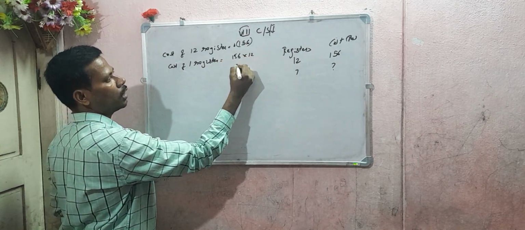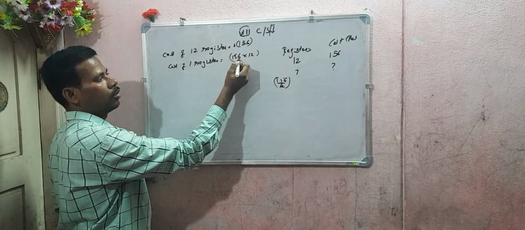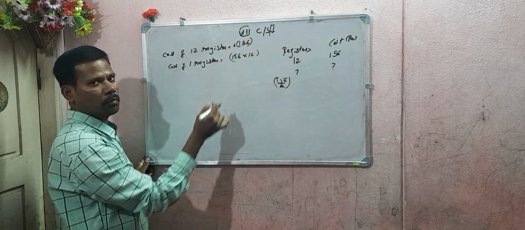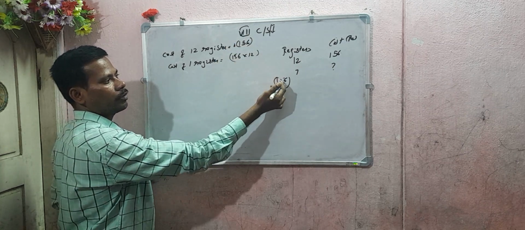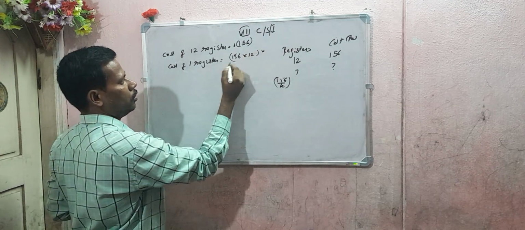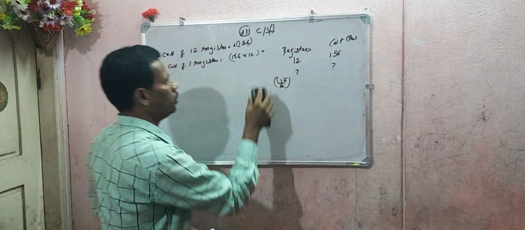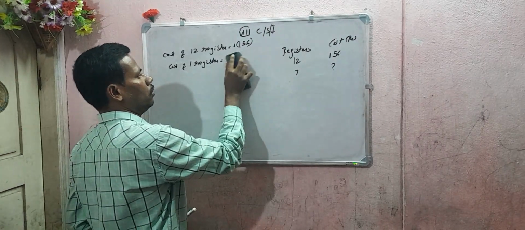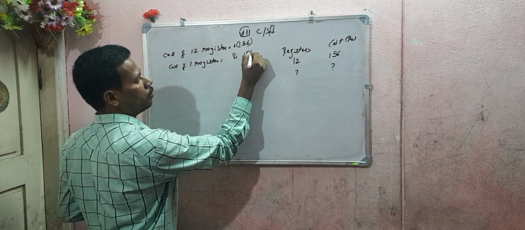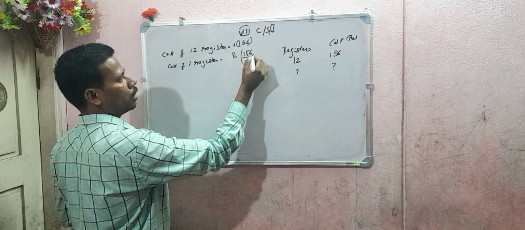Is 156 into 12 correct, or 156 by 12? 156 into 12 gives some lengthy digits, while 156 by 12 will be less. So that is wrong. The cost of one register will always be less. So what you should do is 156 by 12.